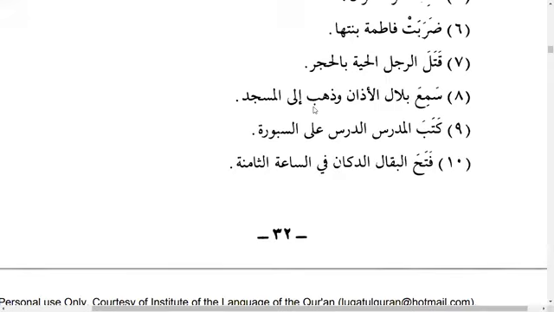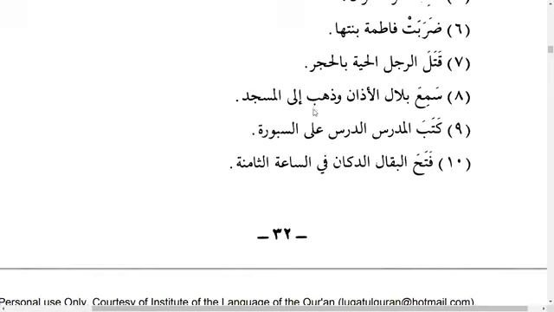One of the ways we can know whether the verb is lazim or muta'addi, intransitive or transitive, is whether we can make it passive. If we can make passive, then it is muta'addi and transitive. If we cannot make passive, then it is lazim.